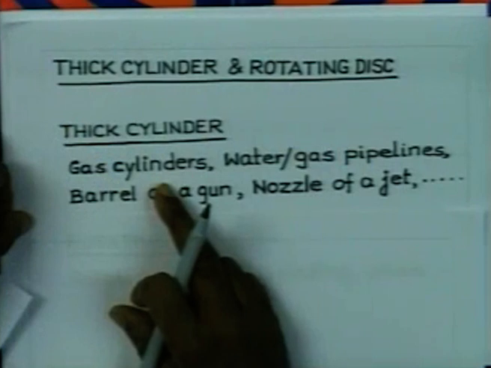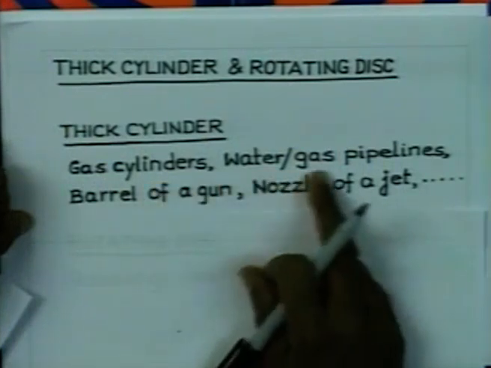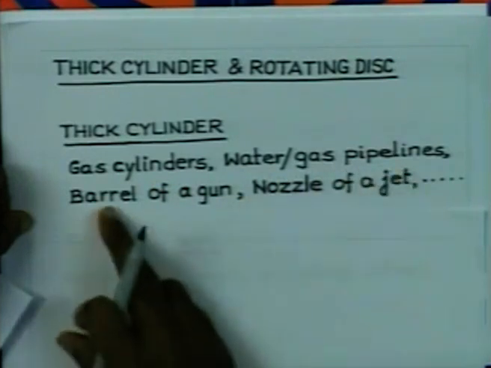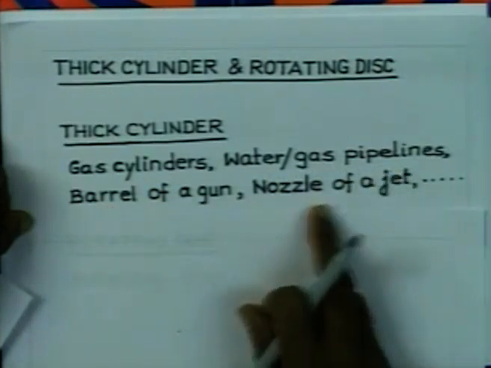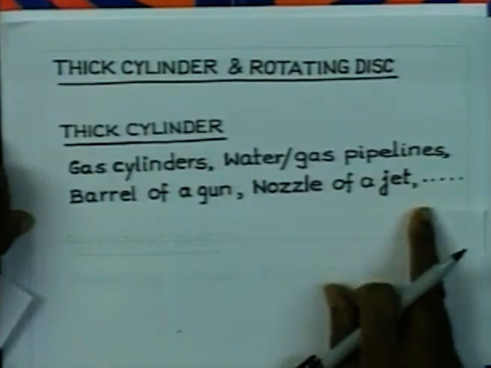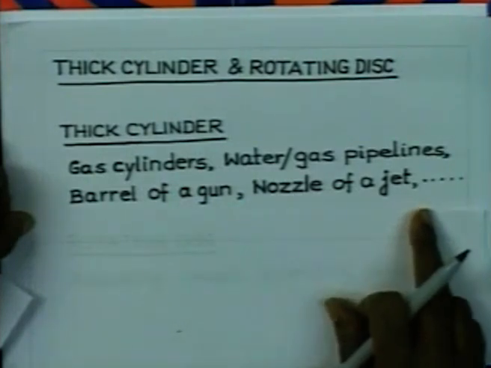Now, the example of thick cylinder, there are a lot of situations where you will come across thick cylinder, particularly if you consider the domestic gas cylinders, oxygen gas cylinders which are used in the hospital, water or gas pipelines, barrel of a gun, nozzle of a jet, or even the submarine whose body can be considered to be more or less cylindrical.